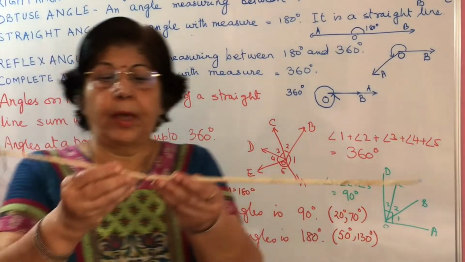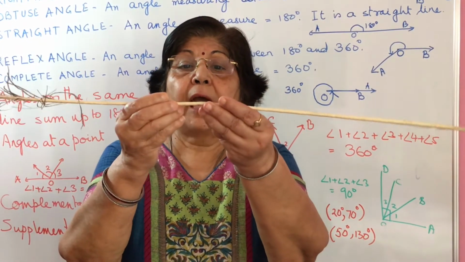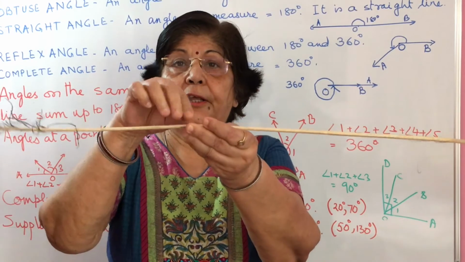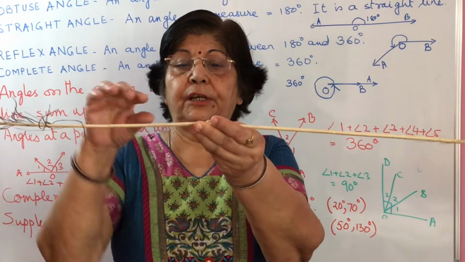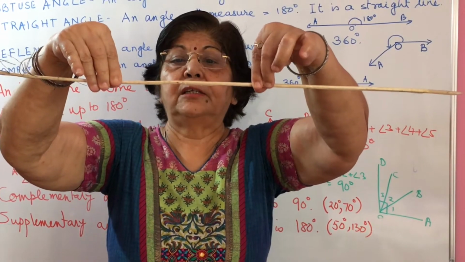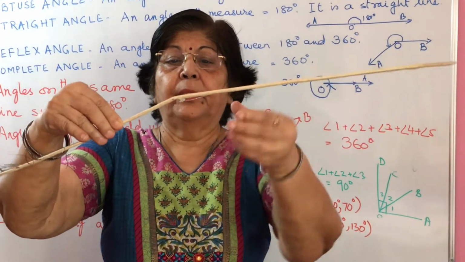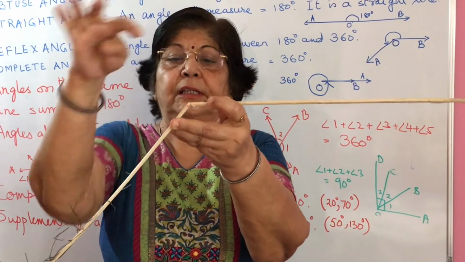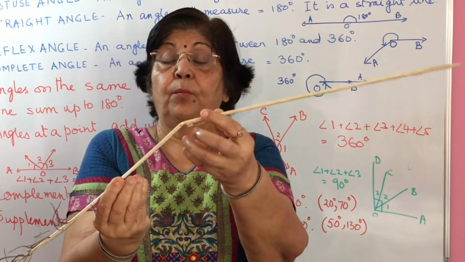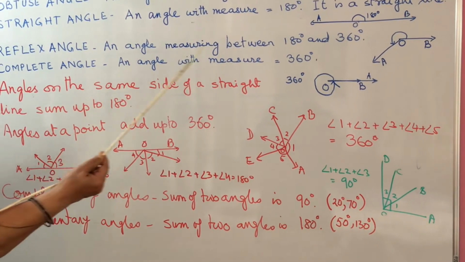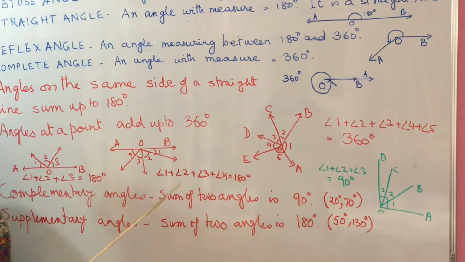Next we come to angles which lie between 180 degrees and 360 degrees. So now here it is straight. As I bend, this angle formed on this side is more than 180 degrees, but it is less than 360 degrees.